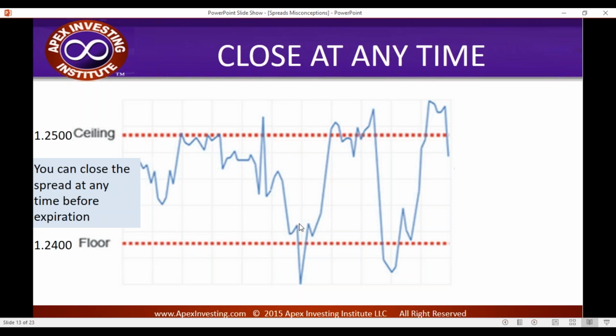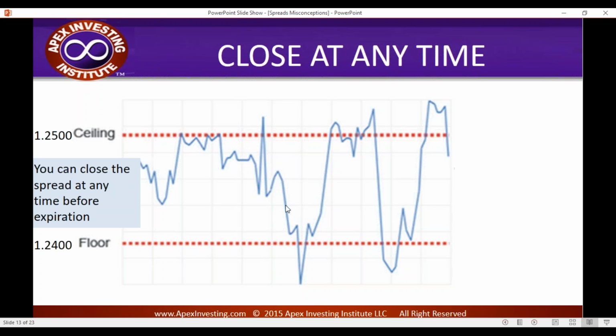Okay. What if I bought in right here at 24.10 and I got out when it was at 24.50? How many pips is that? 24.10 to 24.50. 40 pips. So I can exit wherever, right?